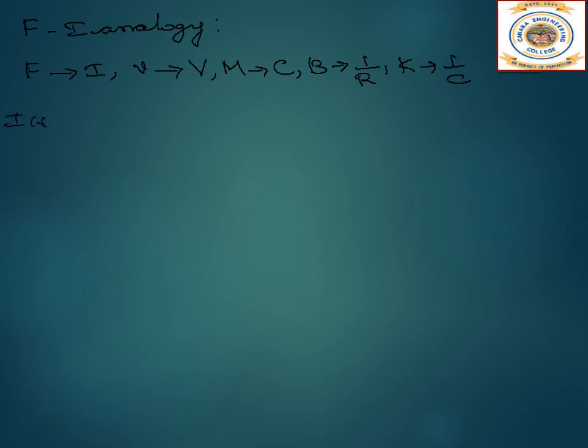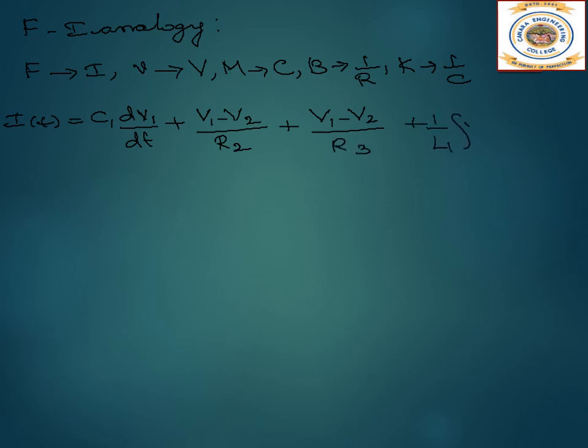I of t is equal to C1 dV1 by dt plus (V1 minus V2) divided by R2 plus (V1 minus V2) divided by R3 plus 1 by L1 integral (V1 minus V3) dt.